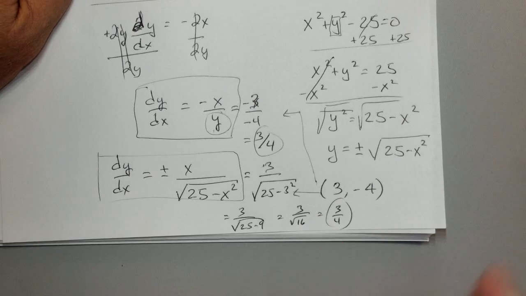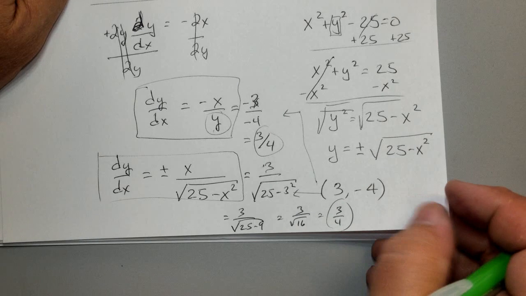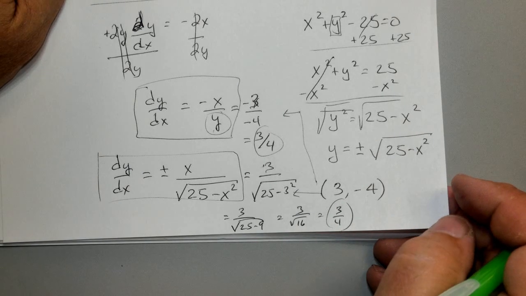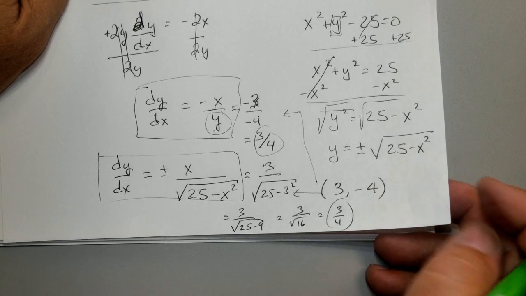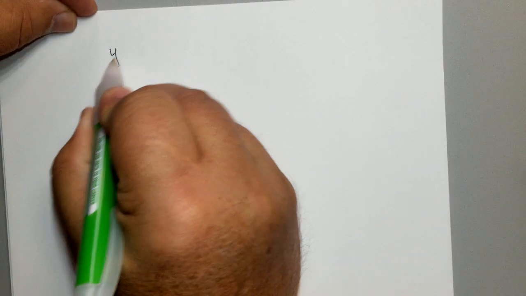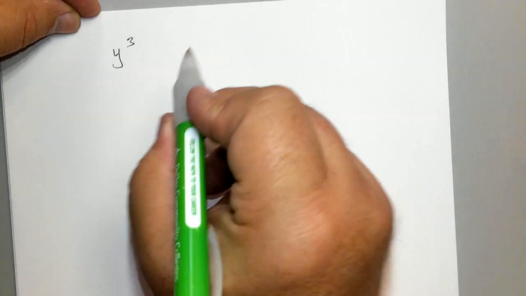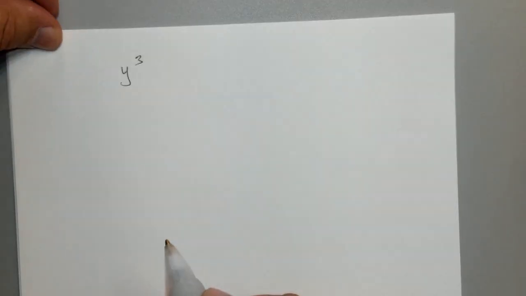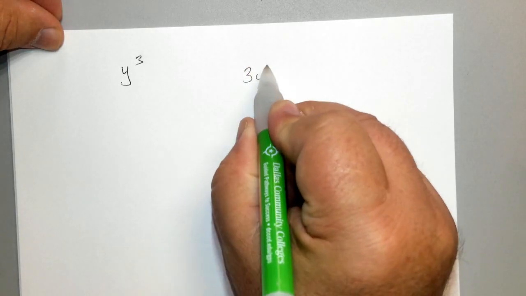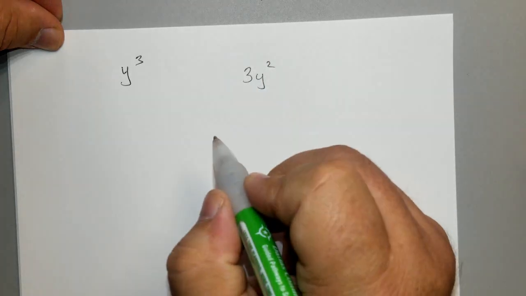So far so good? So what do we know so far we have to do? Whenever you take a derivative of y, what do you have to put in place of it? What's the derivative of y cubed? 3y squared dy/dx.